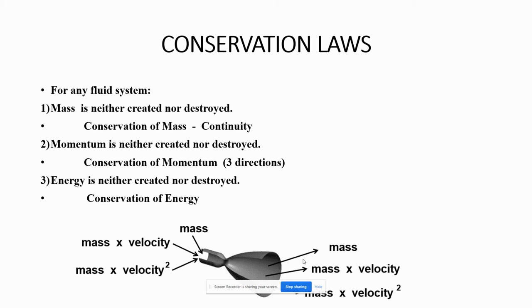If initially it has a kinetic energy, mass into velocity square, and finally it goes out at some other mass into velocity square, then initially there is some kinetic energy, and at the outlet it may have a higher or a lower kinetic energy, which means kinetic energy can be transferred to another form such as potential energy or pressure energy. But remember one thing: energy can neither be created nor be destroyed. It can just be transformed from one form to another.